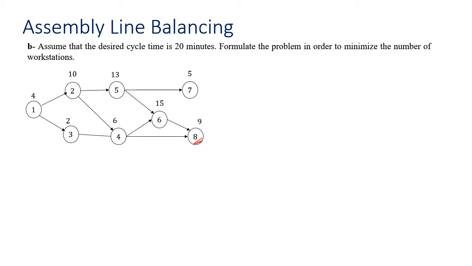So it means that if we assign each of these tasks to a different workstation, we will use at most 8 workstations. At most 8. But the question is, what is the optimal number?